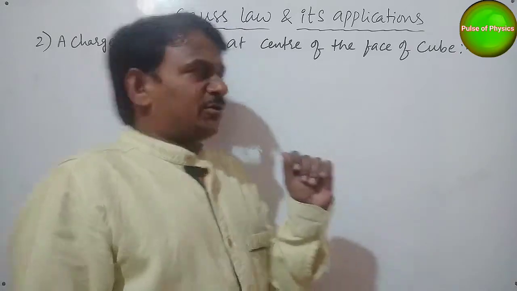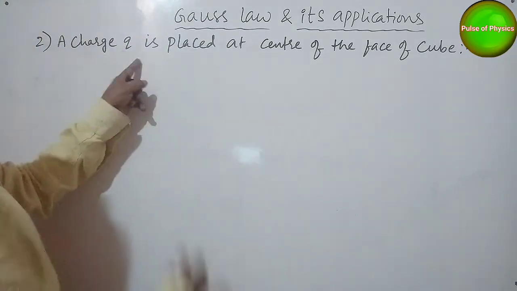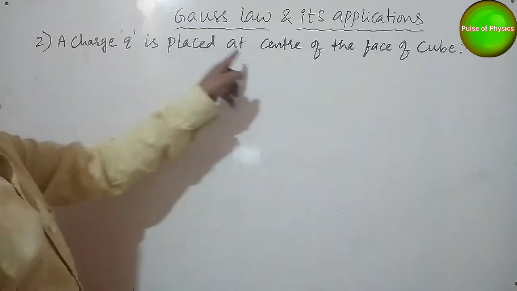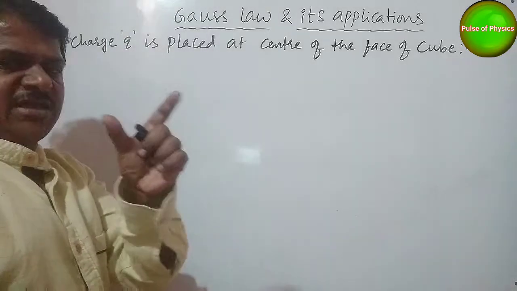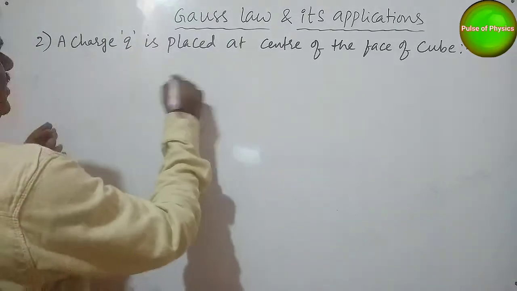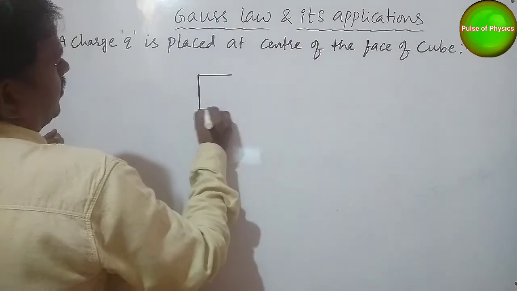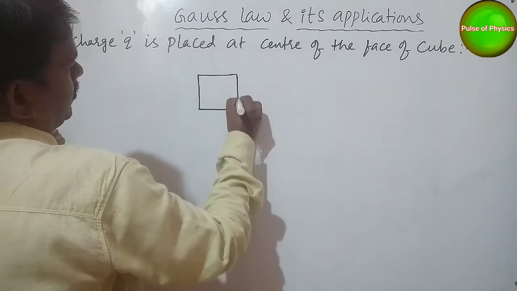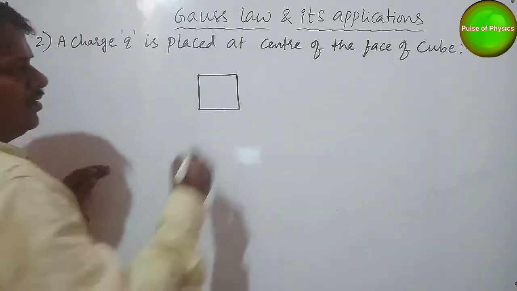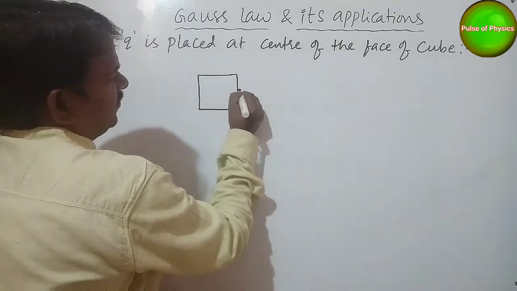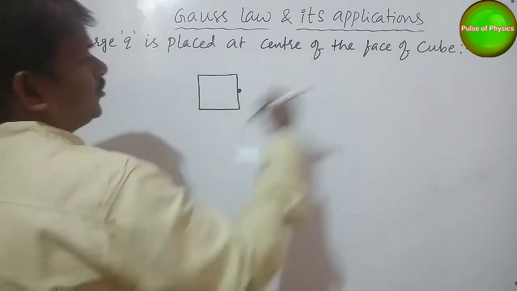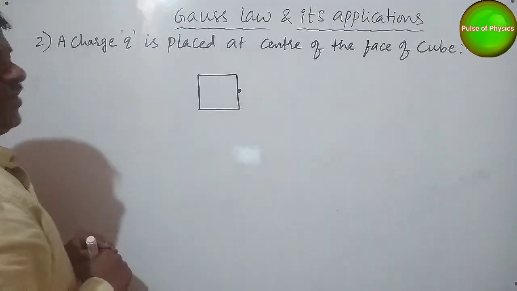See application 2. A charge q is placed at the center of the face of a cube. Let us take this one cube. This is one face of the cube.